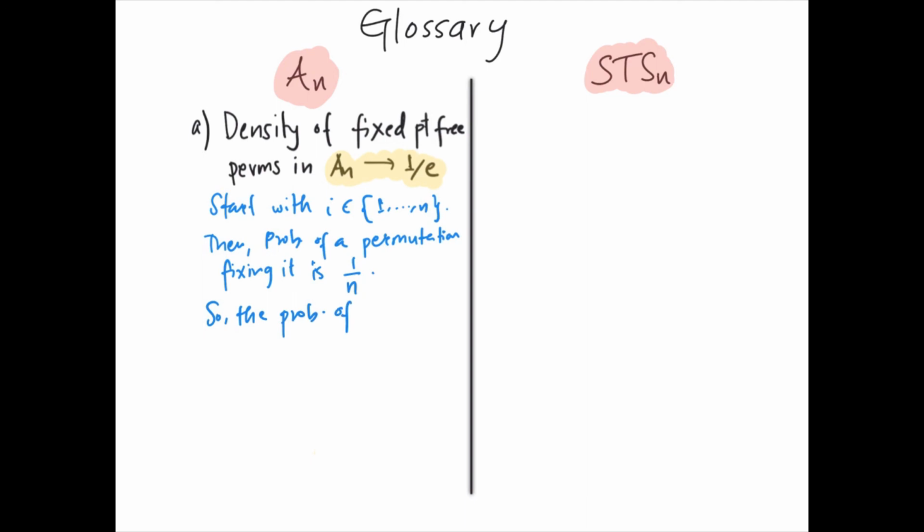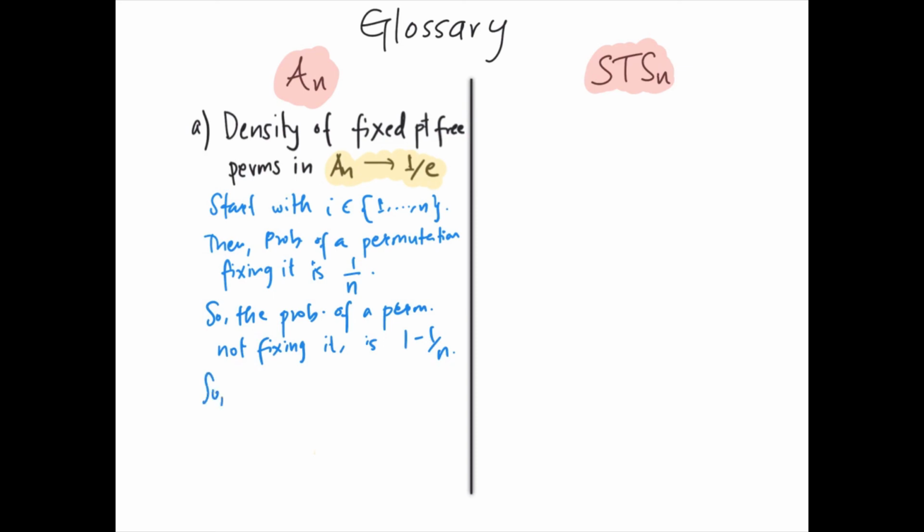of a permutation not fixing it is 1 minus 1 over n, right? So if you wanted the density of fixed point free permutations, you should be not fixing any of the i's.